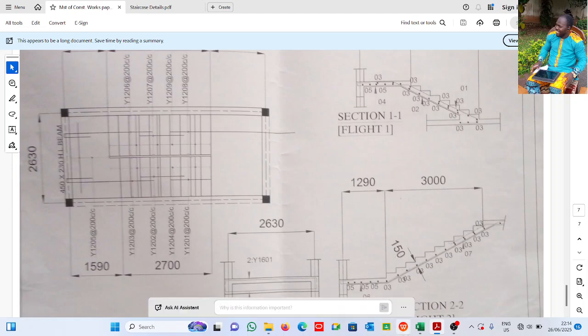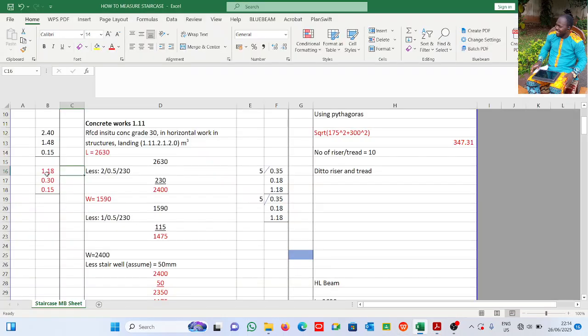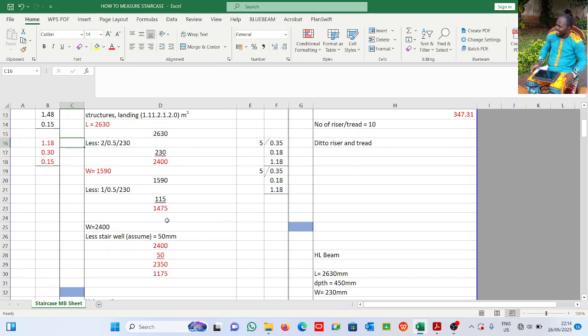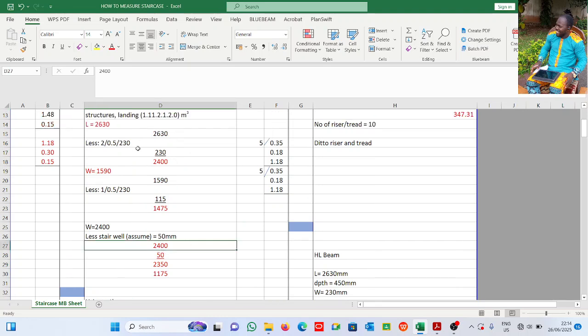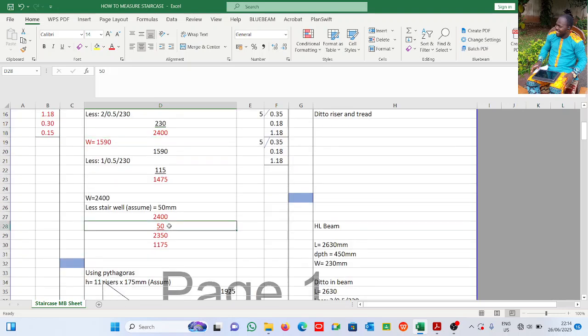Now let's see how we deducted. I put it in red to show deduction. This is what we have. This is 2400. From here, I already come to the center. Now I need to less 50.